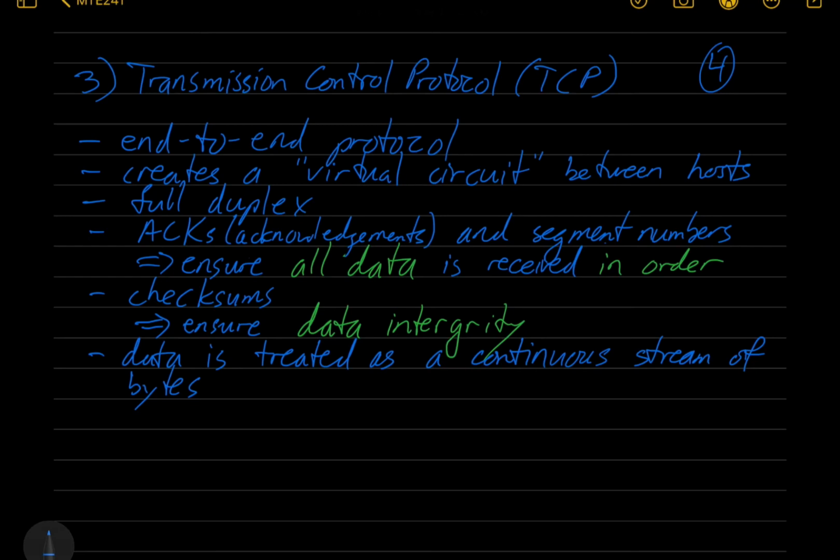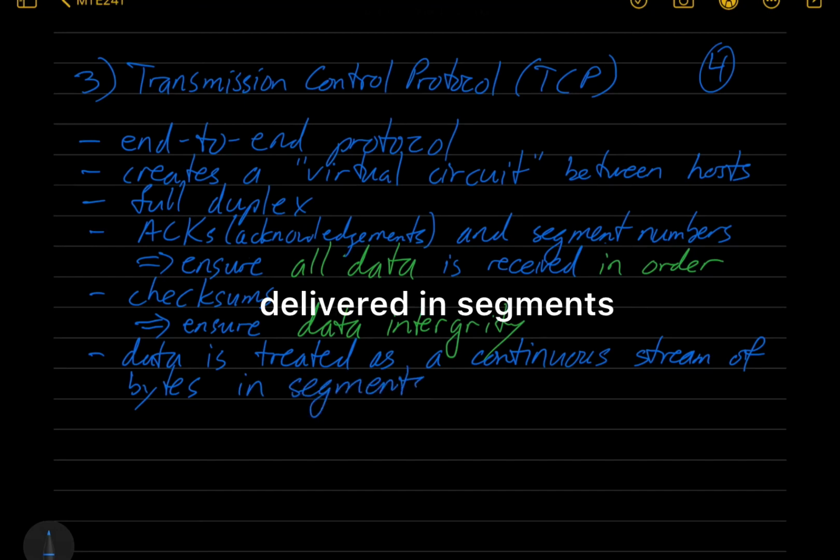So that's how it appears to the application layer, that it's either sending a continuous stream of bytes or it's receiving a continuous stream of bytes, and it's up to the application layer to figure out how to break that up and use those bytes. And this is done in segments, and when it sets up the connection, it determines what the maximum segment size is, and that's going to depend on the operating system of both hosts.